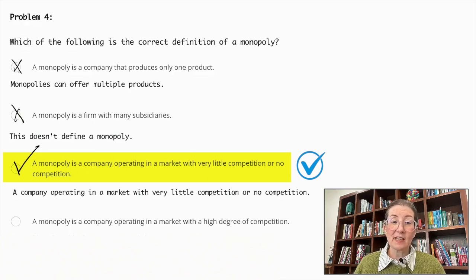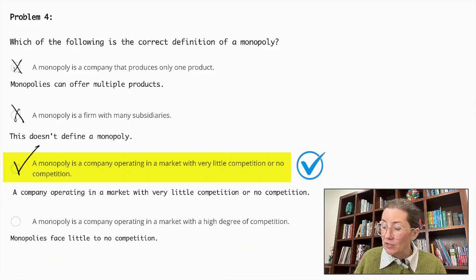A monopoly is a company operating in a market with a high degree of competition. Monopolies face no or very little competition, so this cannot be the correct answer either. So, indeed, a monopoly is a company operating with very little or no competition.